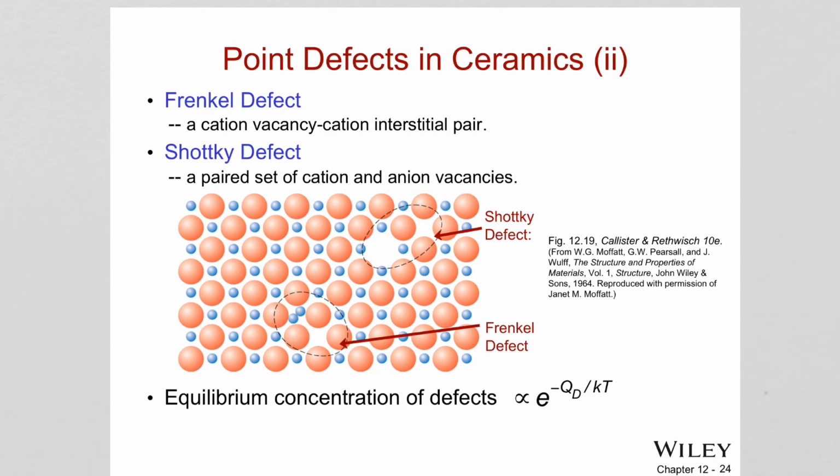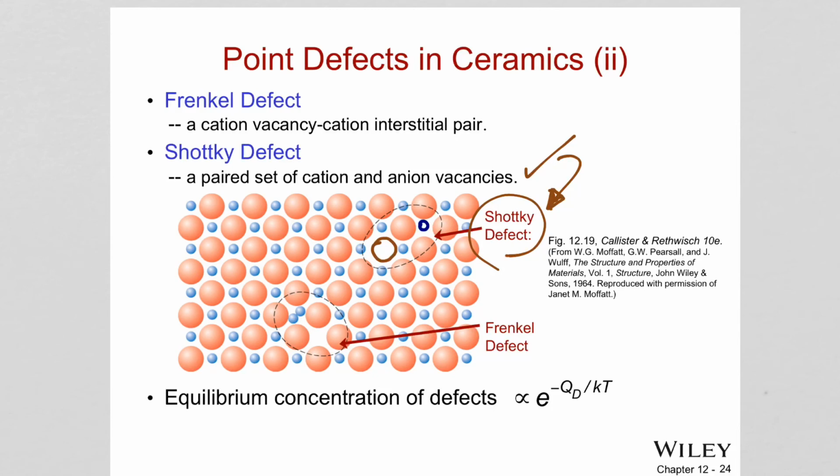In order to understand these defects, you need to remember that the structure needs to preserve charge neutrality. So if there is a cation missing here, there has to be an anion missing there. That is the Schottky defect: to preserve the charge neutrality, a paired set of cation and anion vacancies. This way the structure can preserve the charge neutrality.